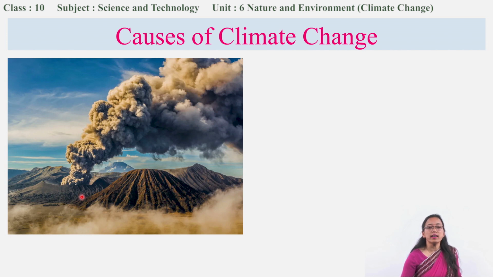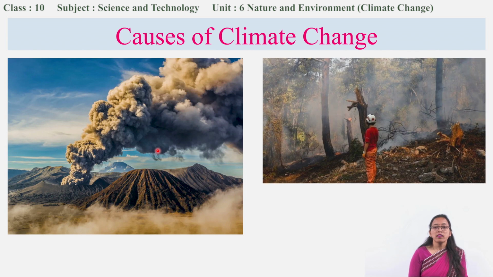When there is a volcanic eruption, everything from inside the earth comes out in the form of smog, dust, etc. For some time it increases the temperature and pollutes the environment, and because of that it causes climate change. Another one is deforestation. There is fire in the forest, and because of this also it causes climate change.